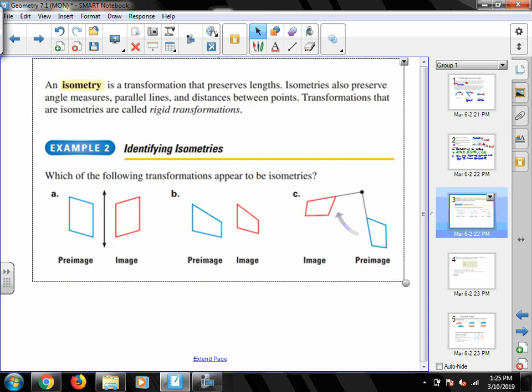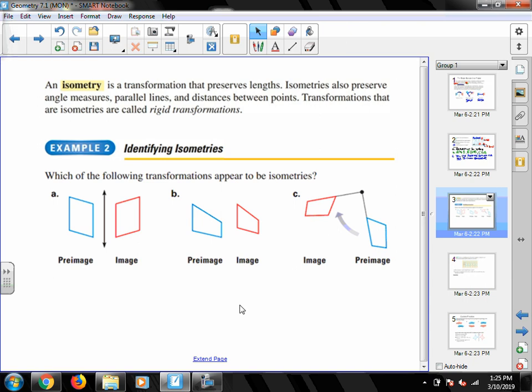One other thing we're going to talk about here is called an isometry. What that really means is that the transformation, whether it's one of those reflections, rotations, whatever transformation you are doing, if it is an isometry, that means that it's going to preserve length. So sides are not going to get bigger or smaller by doing whatever transformation you're doing.